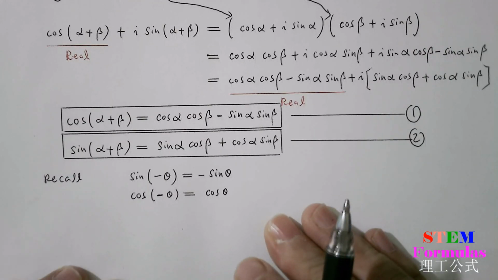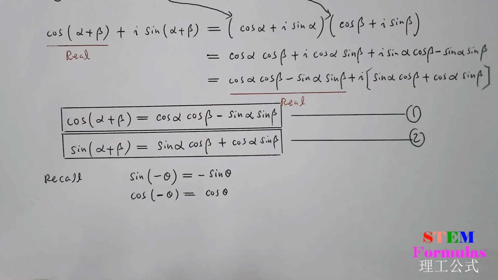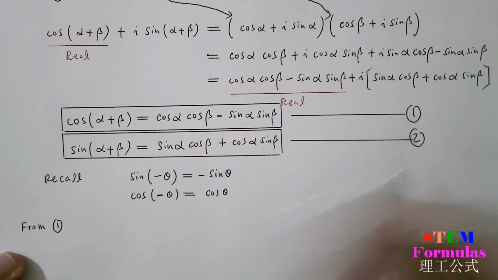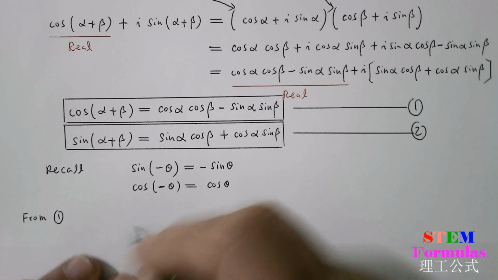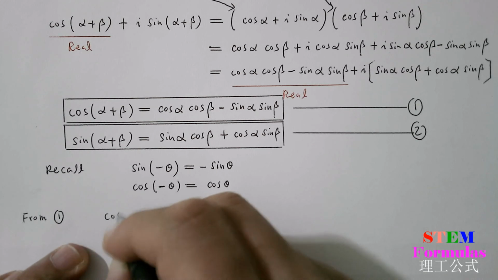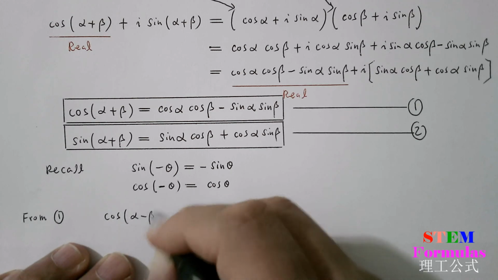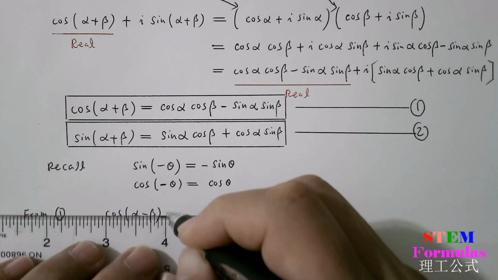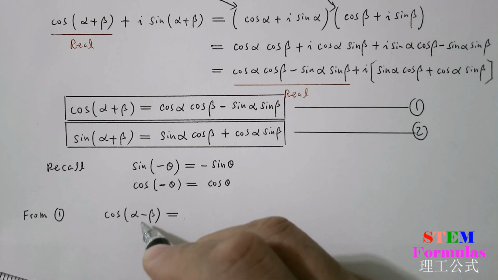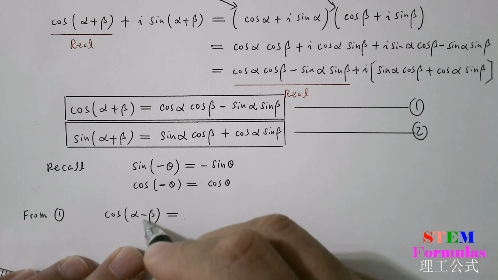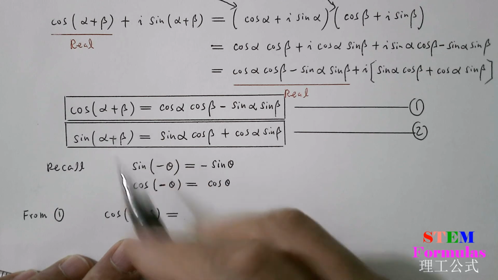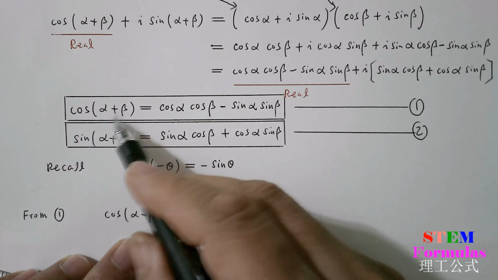Therefore, from equation 1, I have cosine (alpha minus beta). I treat this formula as alpha plus minus beta, so I just change my new beta to minus beta.